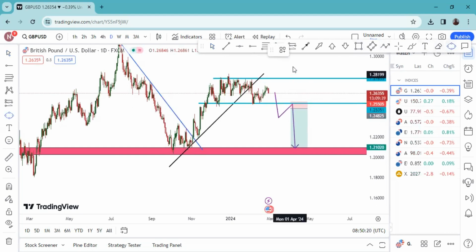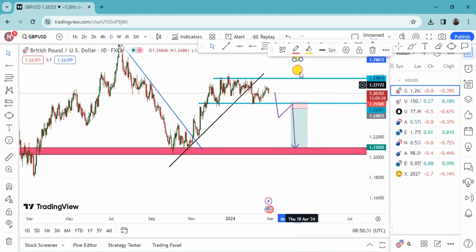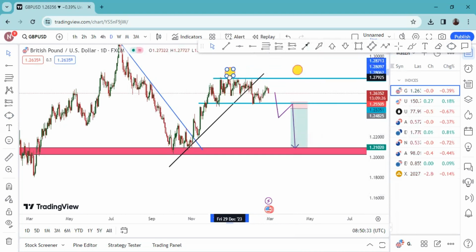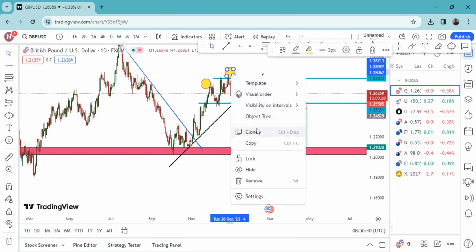If you look from a distance, you can see there is a pattern here.